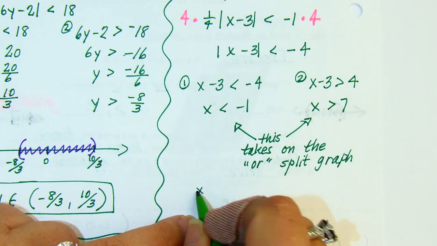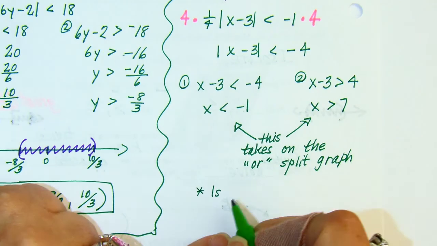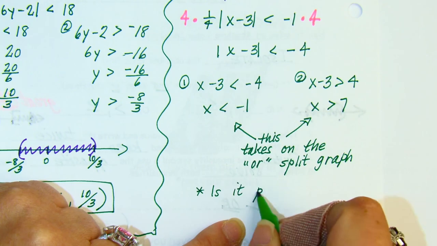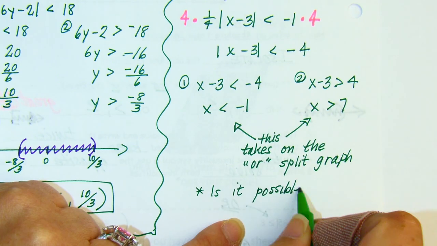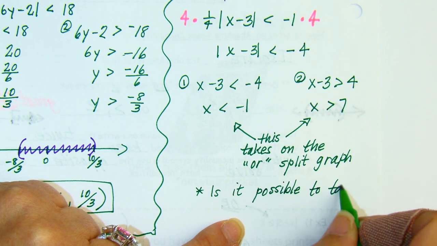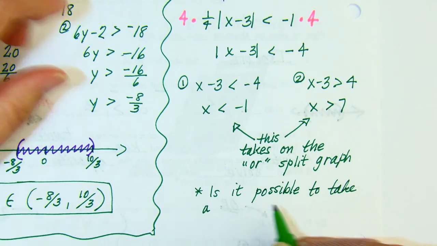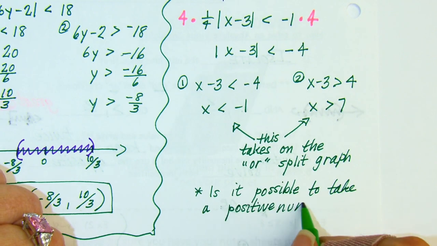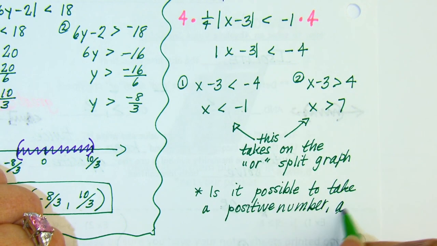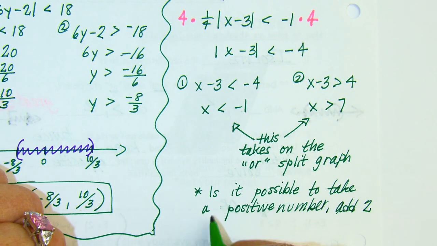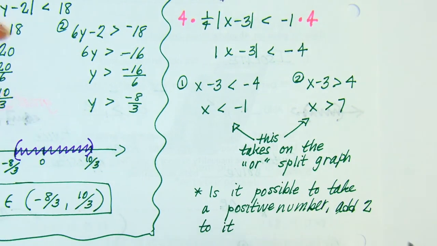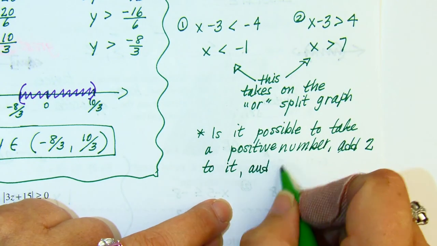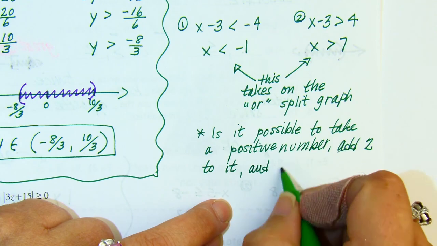So that's your question. When this happens, you're going to take a look back and say, is it possible to take a positive number, add 2 to it, and have it be less than 1?